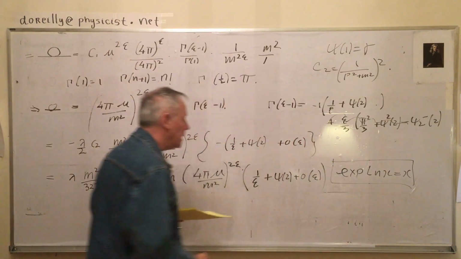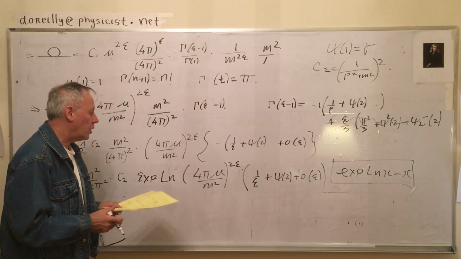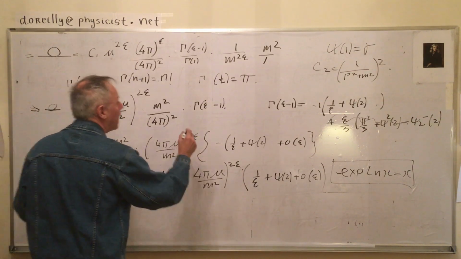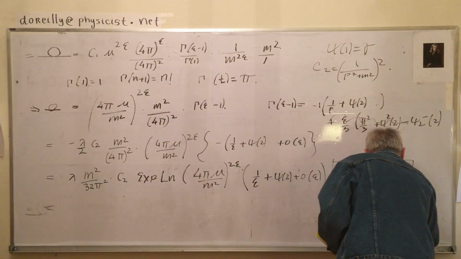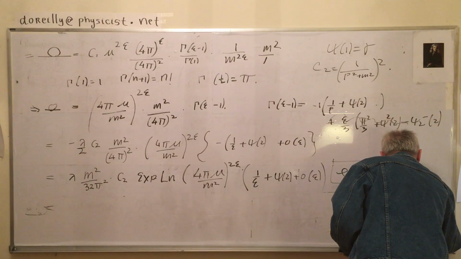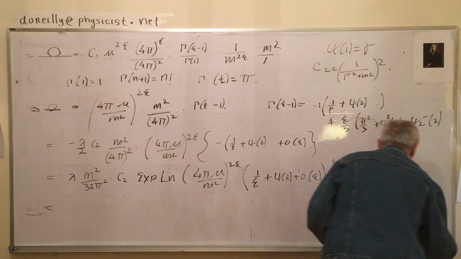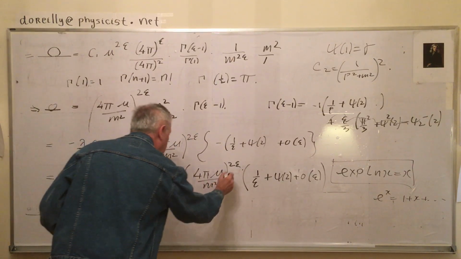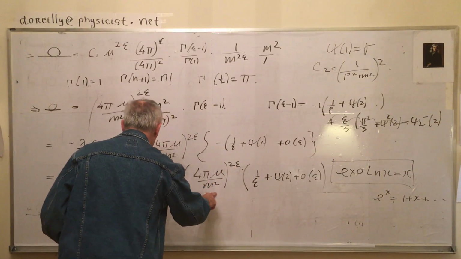Now order epsilon, I'll stick it in there because that term is going to go to 0. Now e to the x, we're just using the exponential expansion here, and the quantity expanded out is going to be 2 epsilon times this guy here.